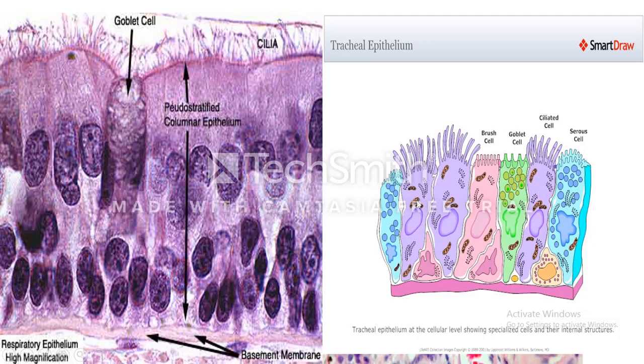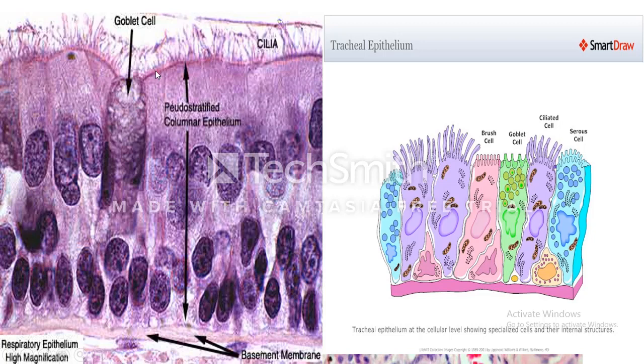Type of cells in respiratory epithelium consists of this is goblet cell, okay? This is ciliated cell, okay?